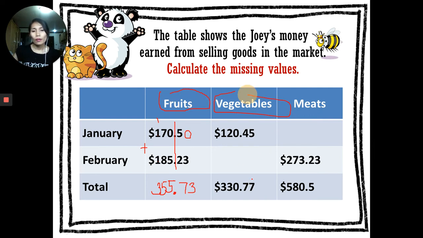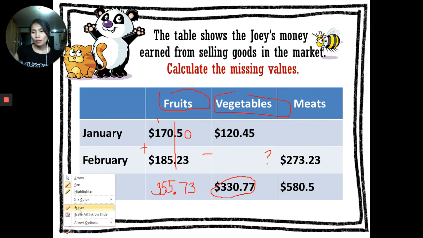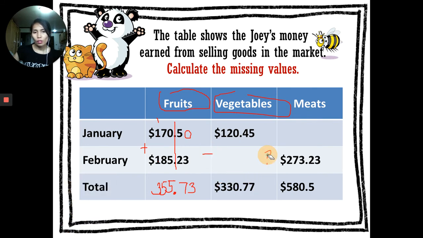Here is the greatest number, and we are looking for a smaller number, right? So that means we will minus. When we minus these two numbers here, we will get the answer. So let's try. I'm going to erase this so you will not be confused. We will write it here because the minuend, the biggest number, should be the one where we will subtract.